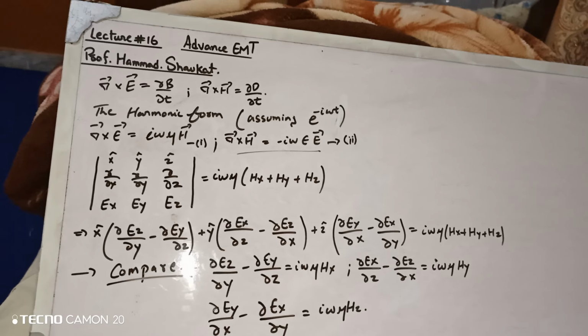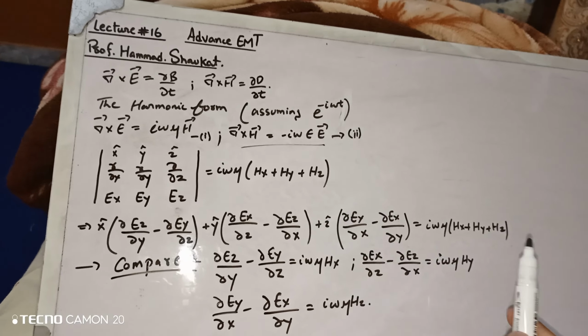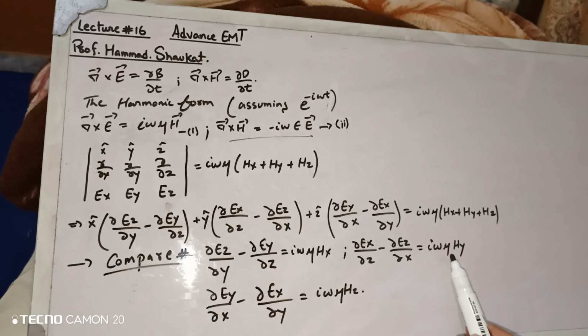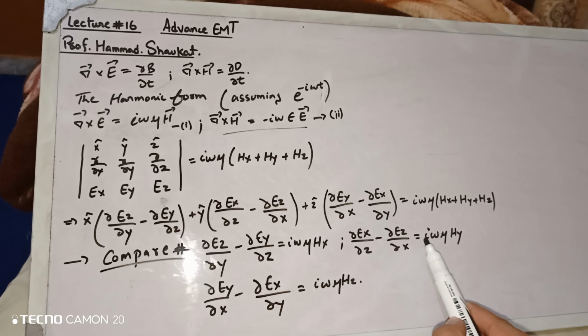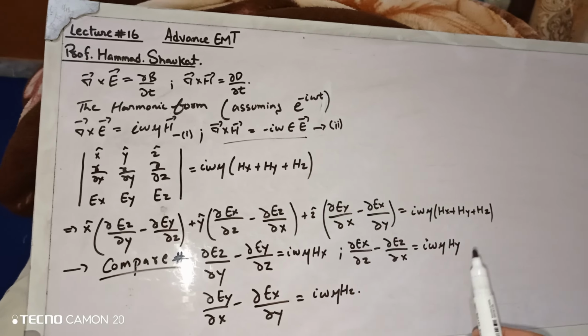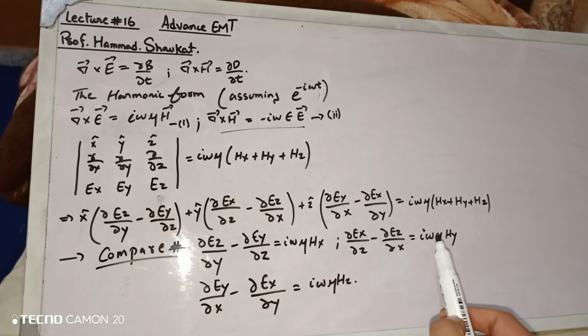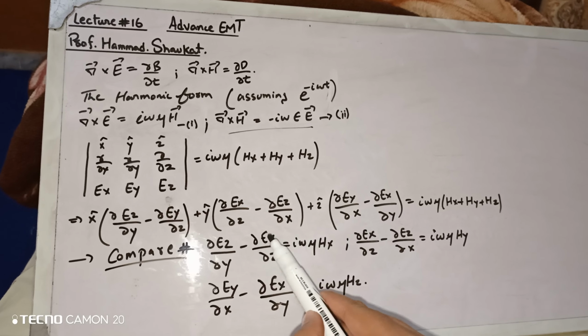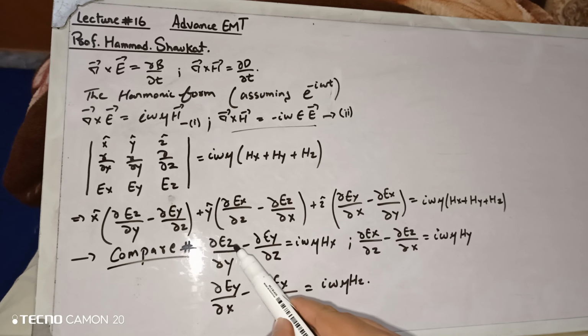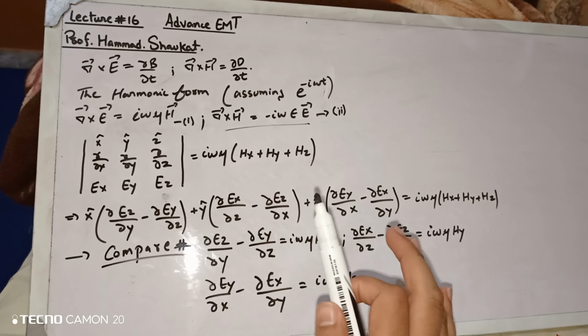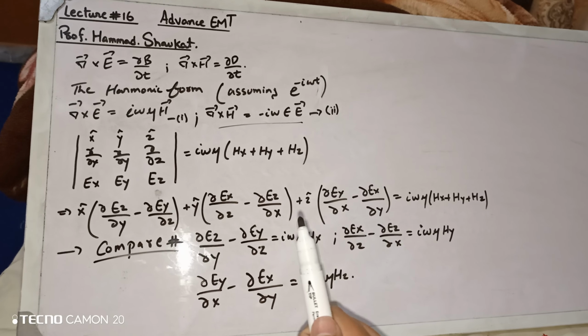All the steps are the same; only mu changes to epsilon, with a negative sign, and wherever there is E it is replaced by H, while the x, y, z components remain the same. So let me write those equations here.